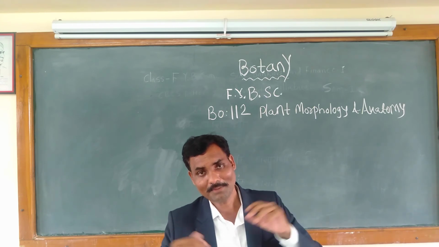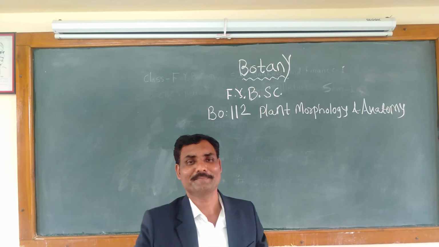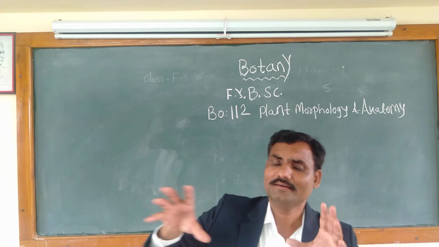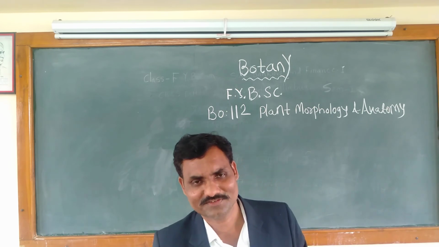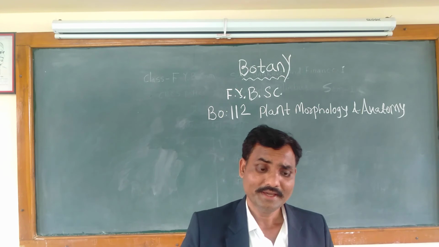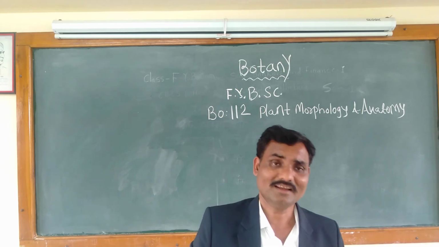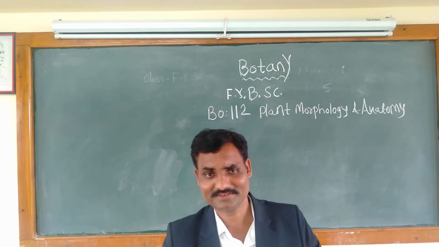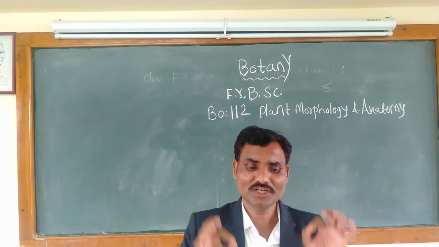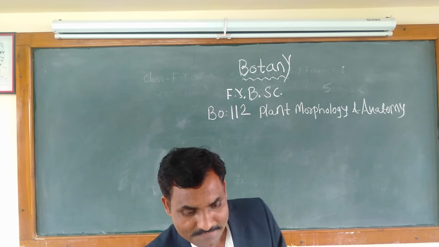Then about the second credit. In credit second, there are some anatomical characteristic features. We are going to learn about anatomy. What is anatomy? The internal structure of the plants is called plant anatomy. Then definition and introduction about anatomy.